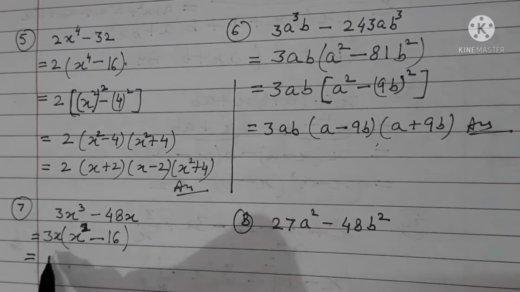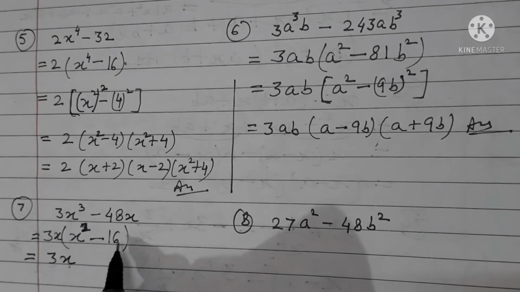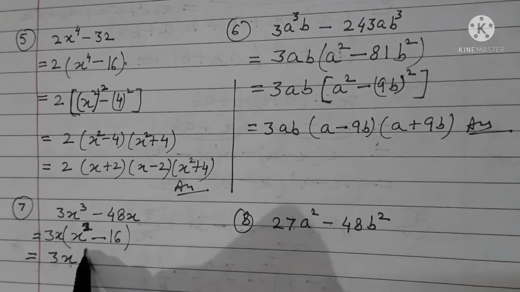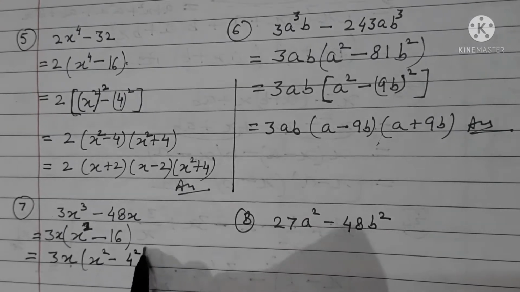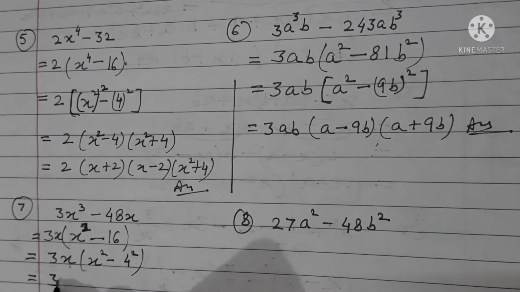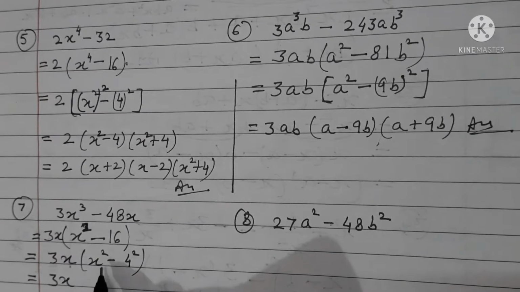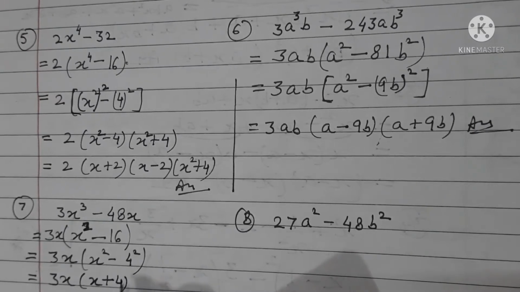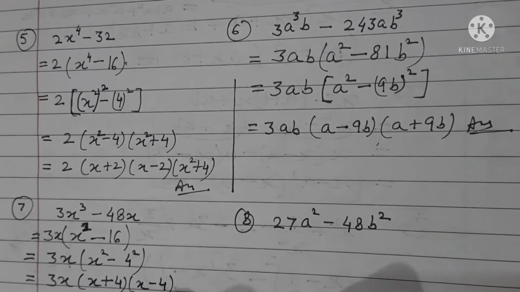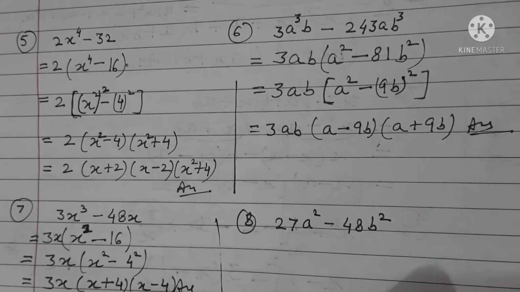Now this becomes 3x, and 16 you can write as 4 square, so x square minus 4 square, and 3x using the identity a square minus b square is equal to a plus b, a minus b. So x plus 4, x minus 4. Answer. Question number 8.